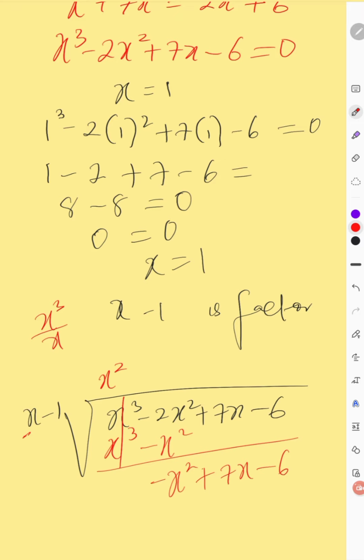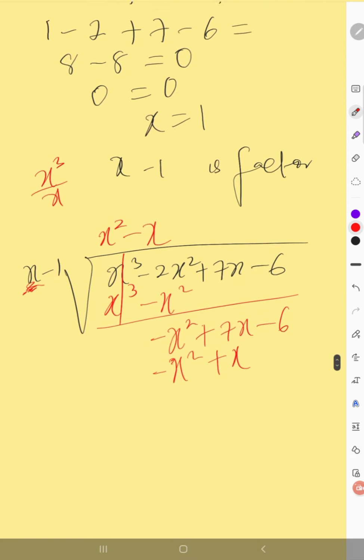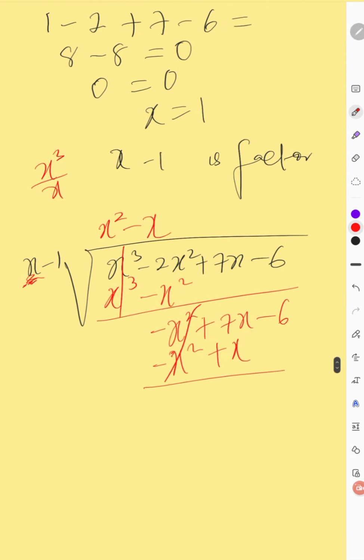Then you bring down and divide minus x squared by this x here, and you will get minus x. Then use minus x to multiply again. Minus x times x will give us minus x squared. Minus x times minus 1 will give us plus x. Then we have to subtract. This has gone. 7x minus x is 6x, then minus 6.